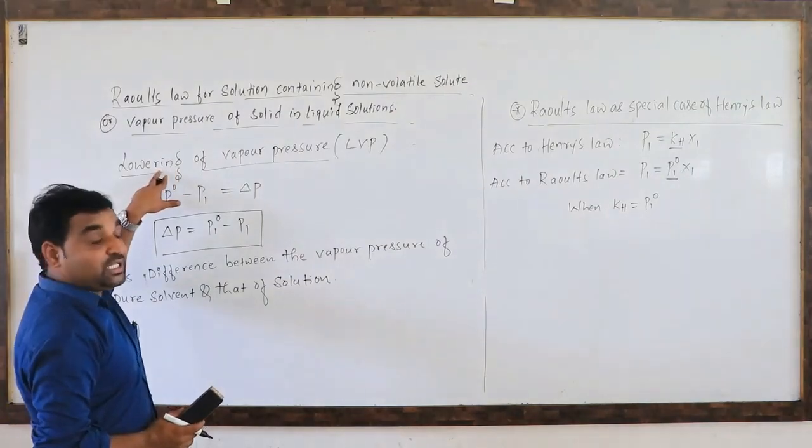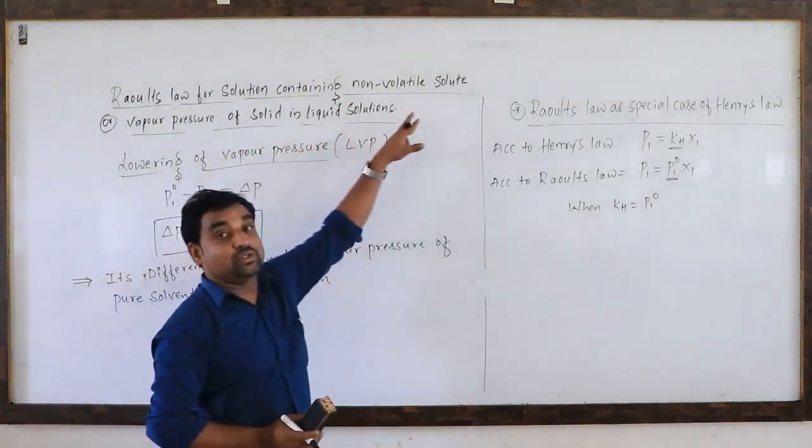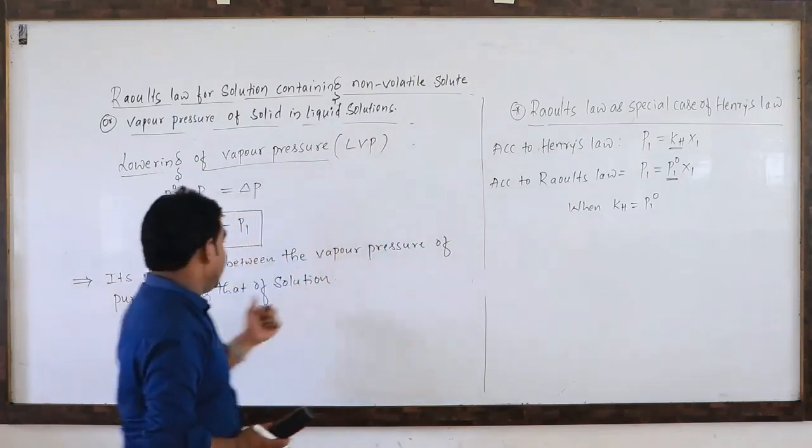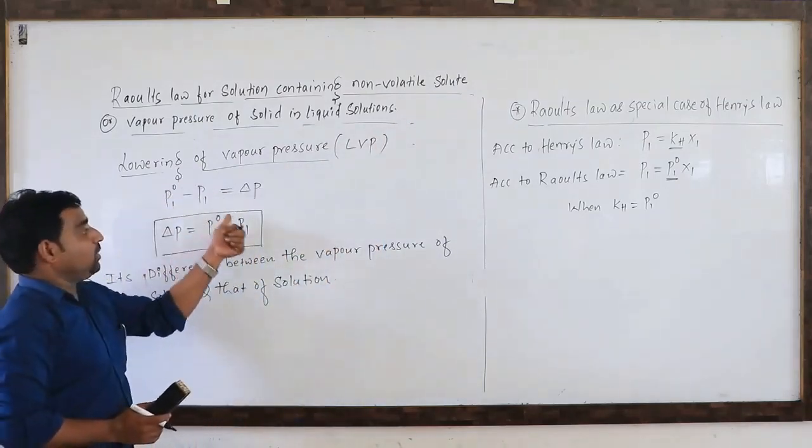Vapor pressure decreases because of the non-volatile solute present in the solution. That we write as delta P is equal to P1 naught minus P1.